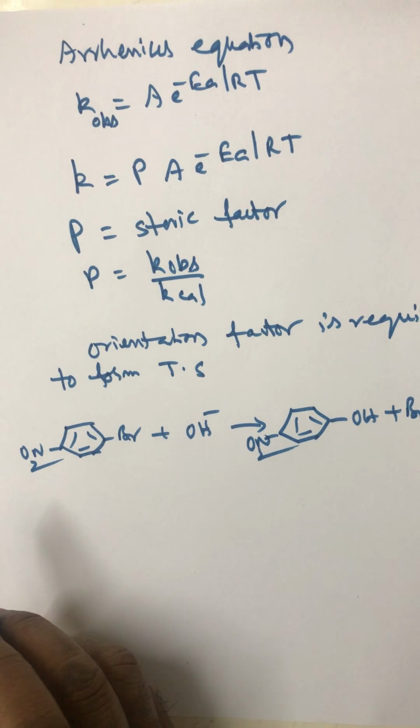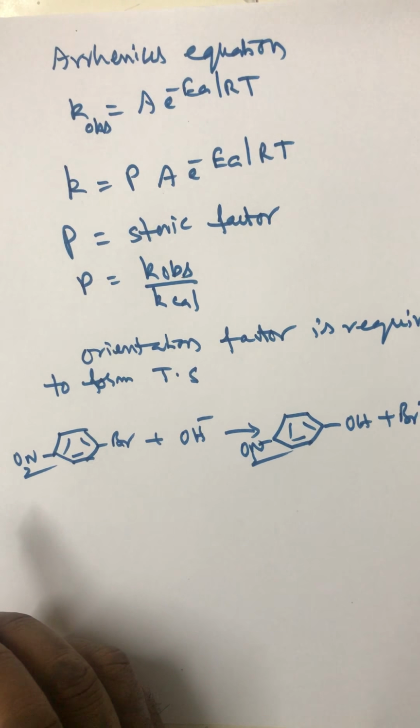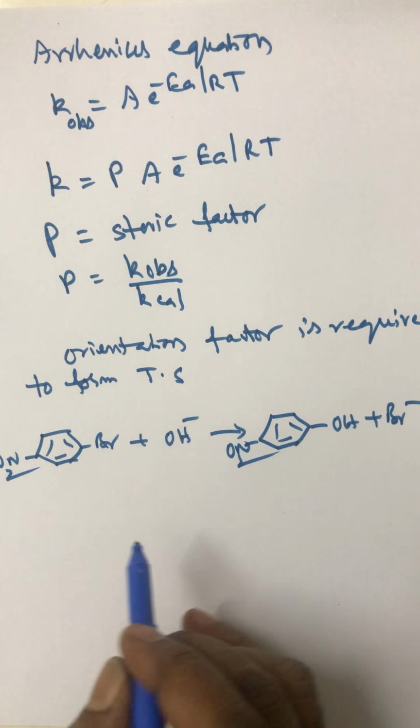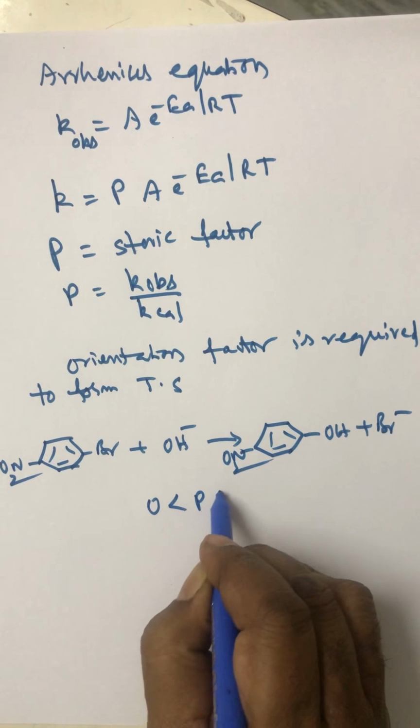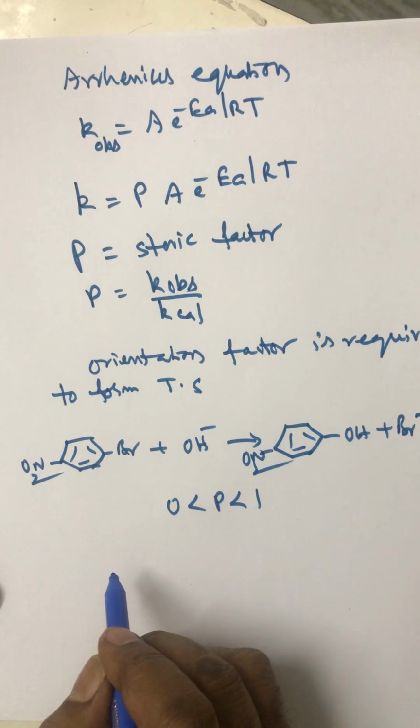In many cases, the probability factor or the steric factor is less than 1.